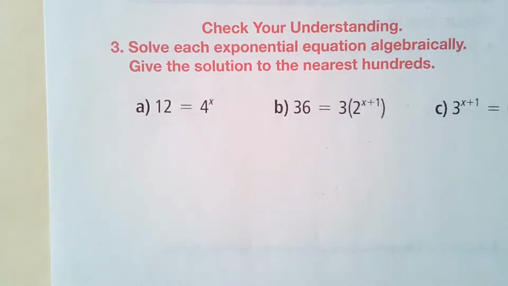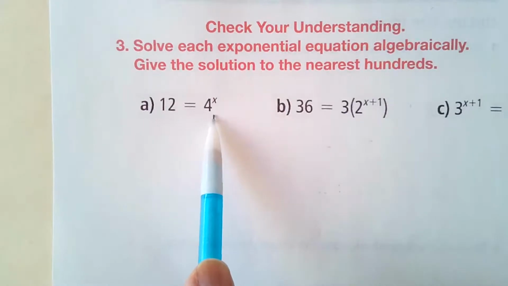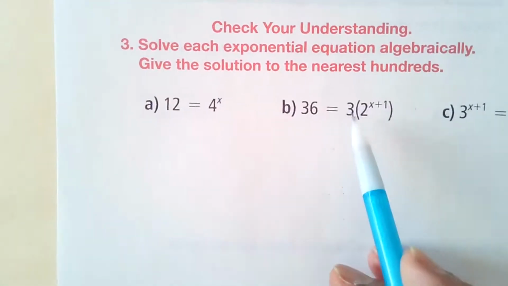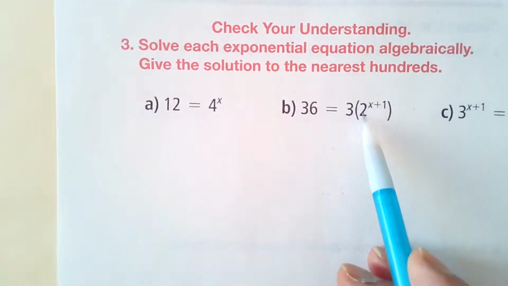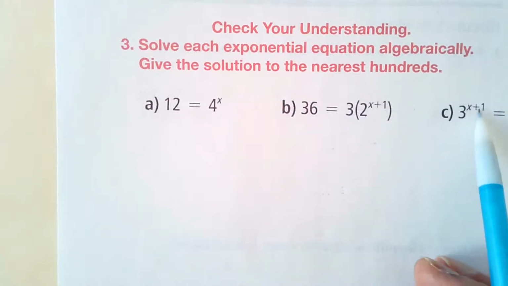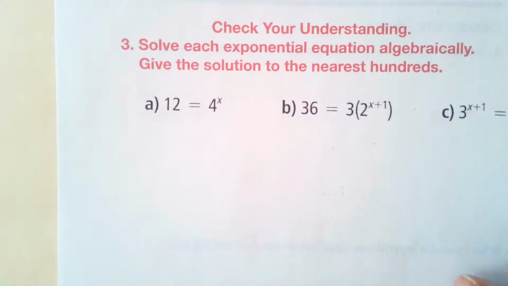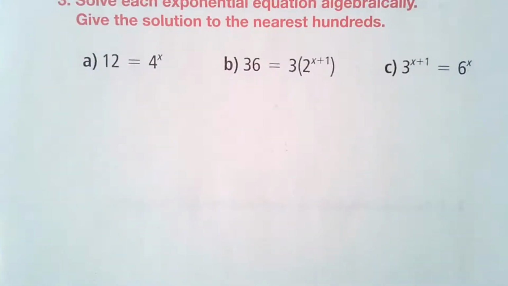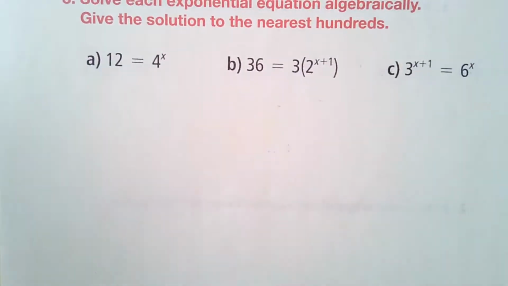So we have a, 12 is equal to 4 to the power x. And we have b, 3 times 2 to the power x plus 1, and c, 3 to the power x plus 1 equals 6 to the power x. Let's look at the first one. So we're going to solve each one.